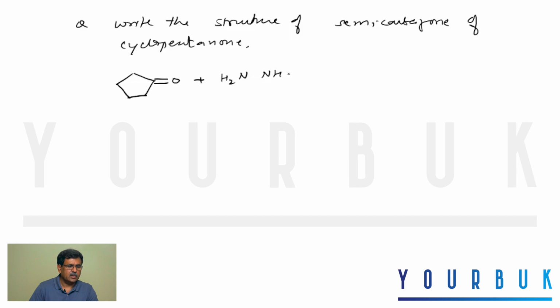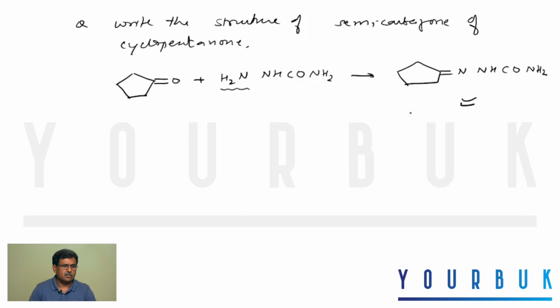So you have to be very careful which NH2 group you have to use. This NH2 group you have to use, and the product obtained is this, and you write this final product as your answer. So this is our final answer. This is the structure of the semicarbazone of cyclopentanone.